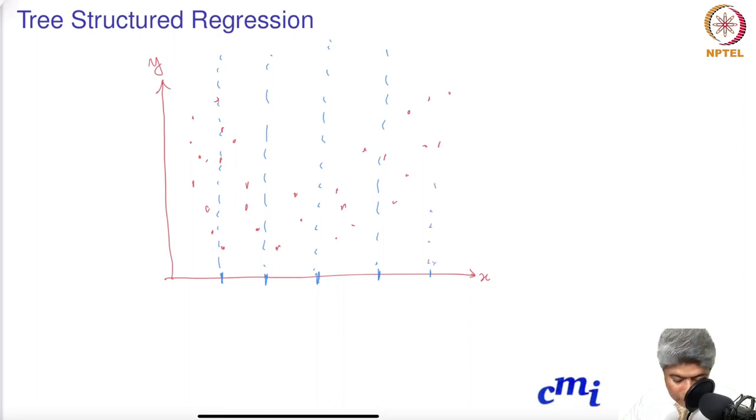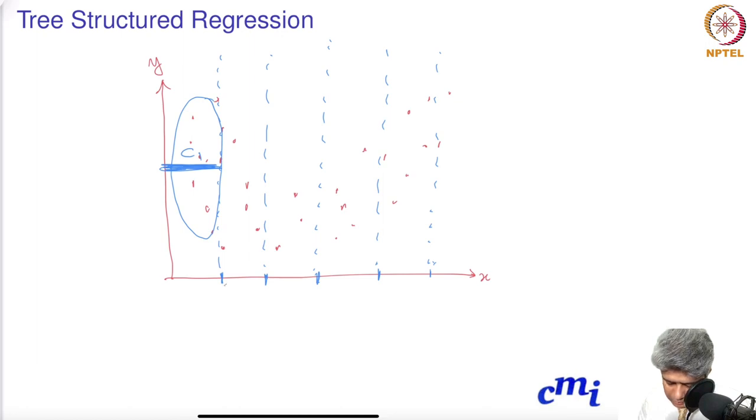Here I am partitioning x, and in this partition, these are the points. What is the average of y of these points? Somewhere here. So this is my C1.